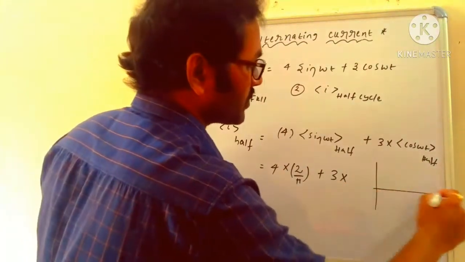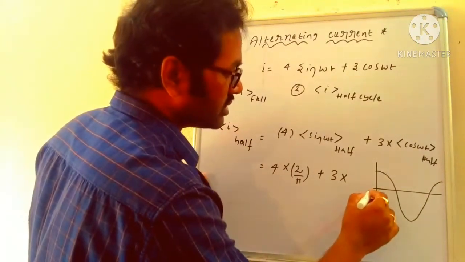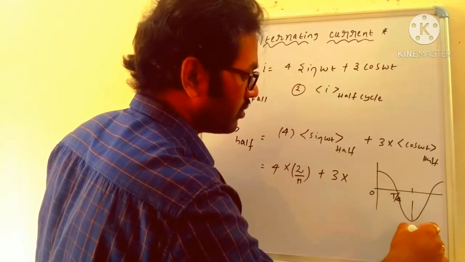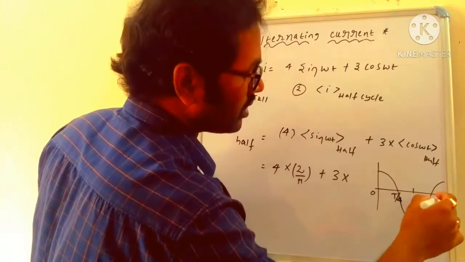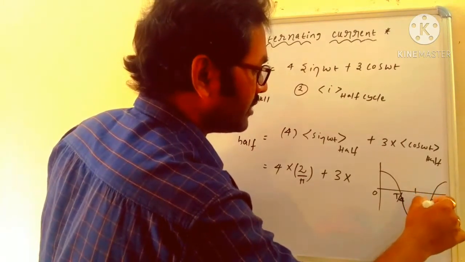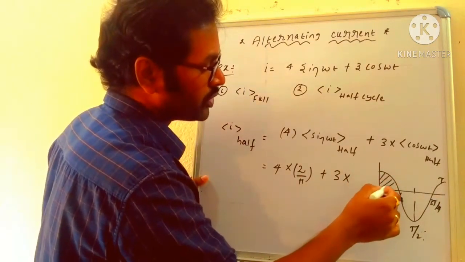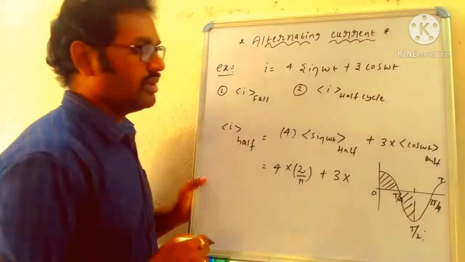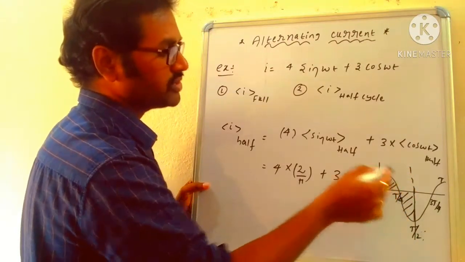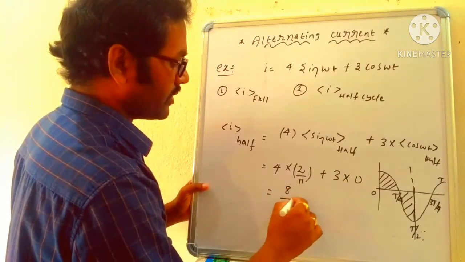Suppose if you have taken the cos function, the graph is like this. For the half cycle, this is 0 and this one is T by 4, this is T by 2 and here it is 3T by 4 and this is T. For half cycle, 1/4 you will get positive, 1/4 you will get negative, and whose average value for the half cycle, how much you got? 0, and which is equal to 8 divided by pi.